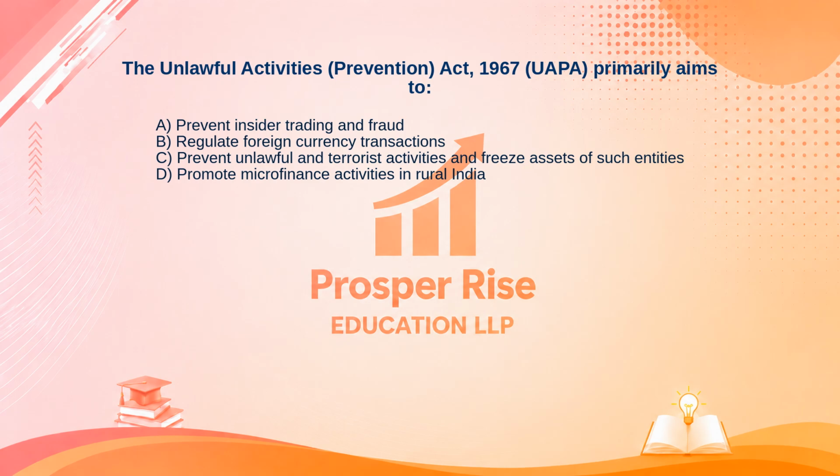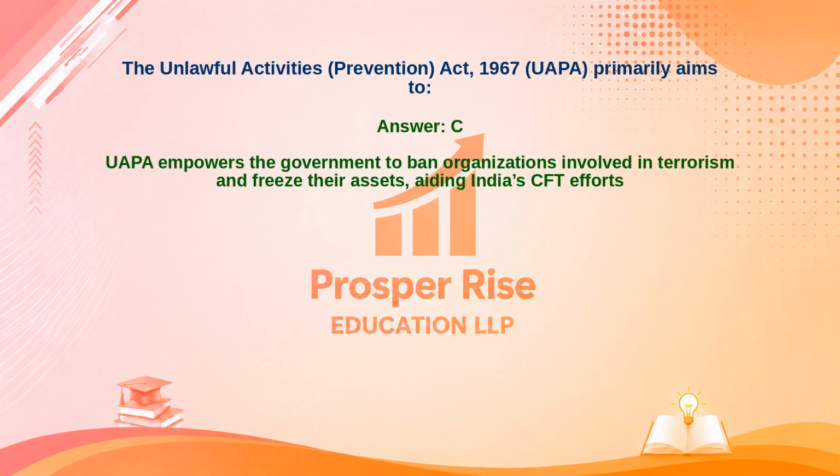Or D. Promote microfinance activities in rural India. Take a moment to pause the video and decide. The correct answer is Option C. Let's see why. UAPA empowers the government to ban organizations involved in terrorism and freeze their assets, aiding India's CFT efforts.